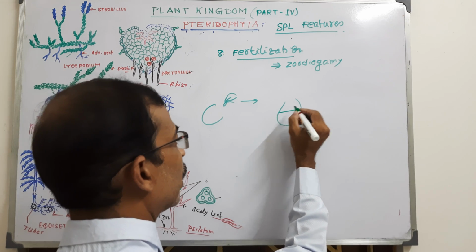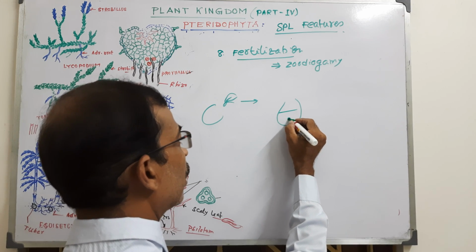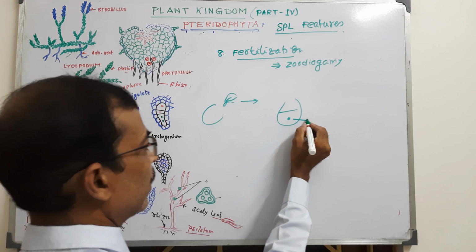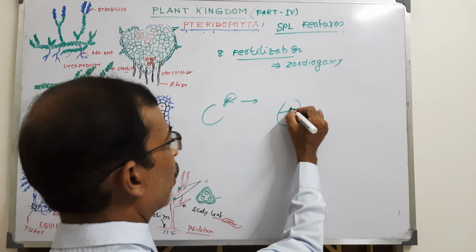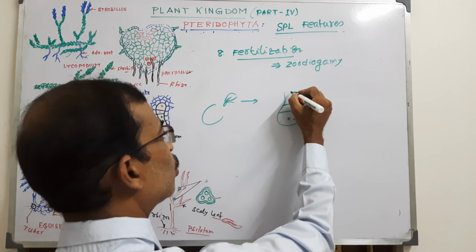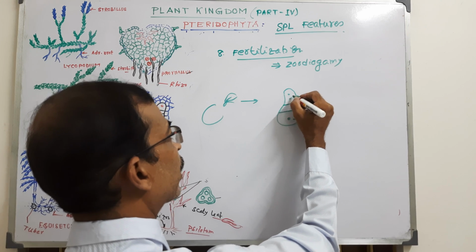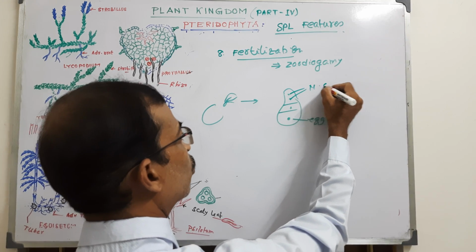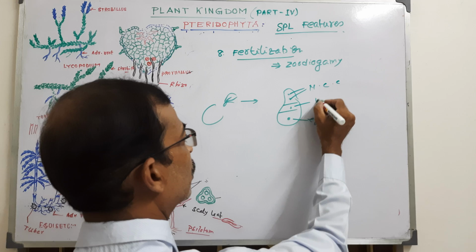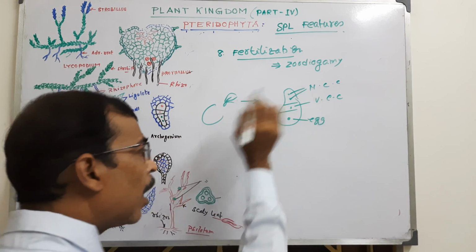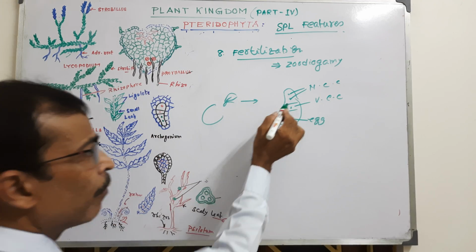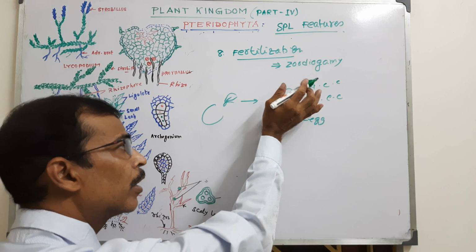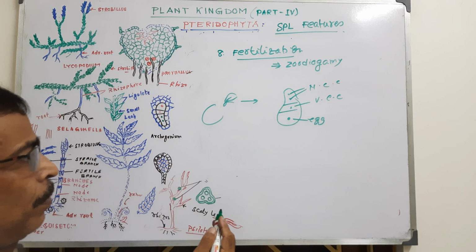Archegonia possess one large female gamete, that is egg, and one ventral canal cell, and generally two neck canal cells. This is the ventral canal cell. Look here, unlike Biostudy, here the ventral canal cell also gets destroyed before fertilization.